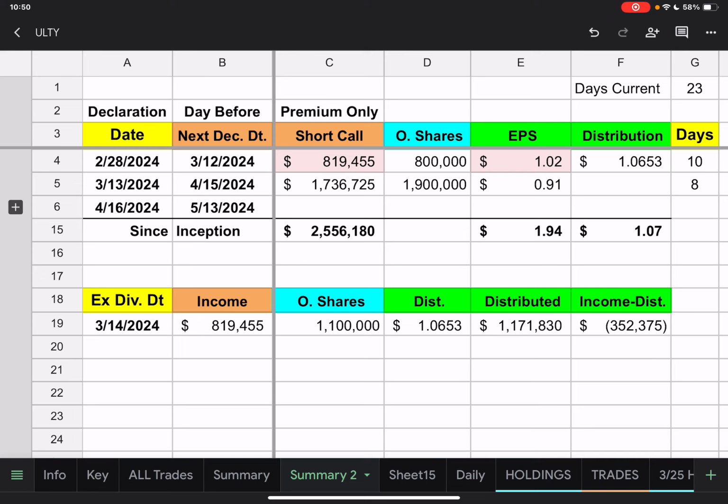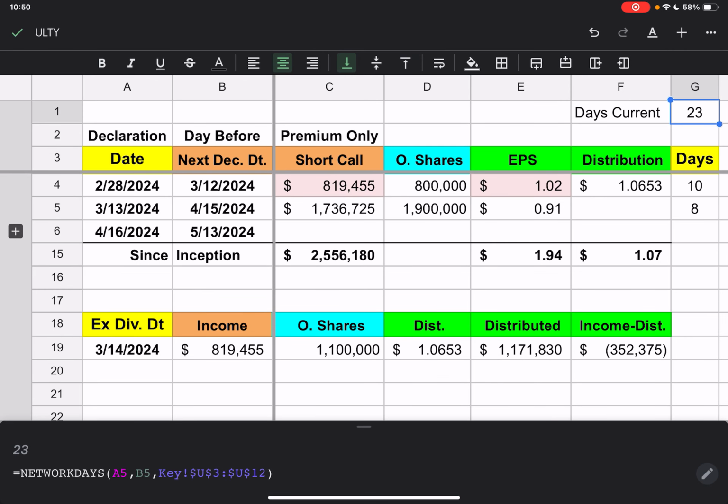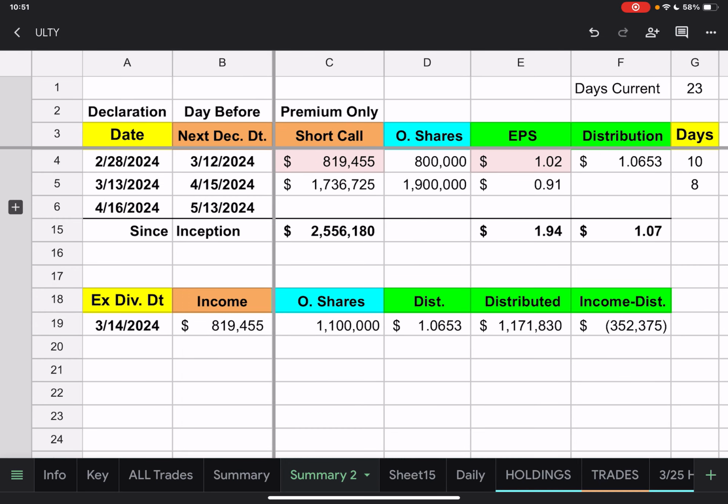Now, it's the 24th. Oh, I have the number of days over there. So if you look at the days, that's 8 days of trading. And I don't know why I have 23 there. Which then, so that would be right because Yieldmax is different from ULTY.